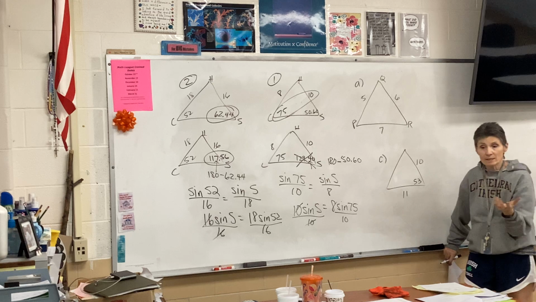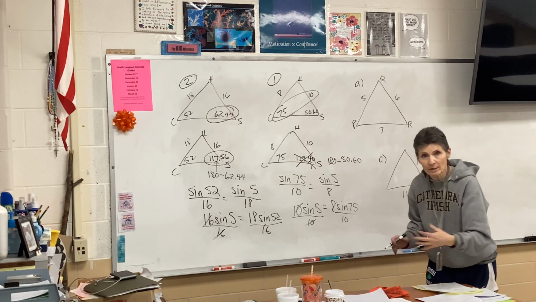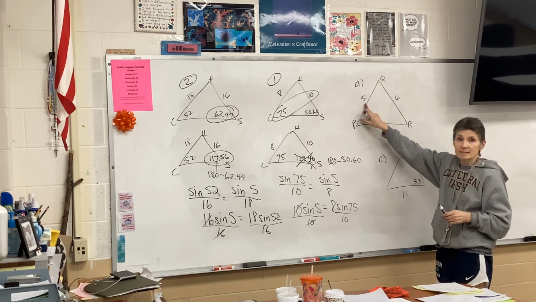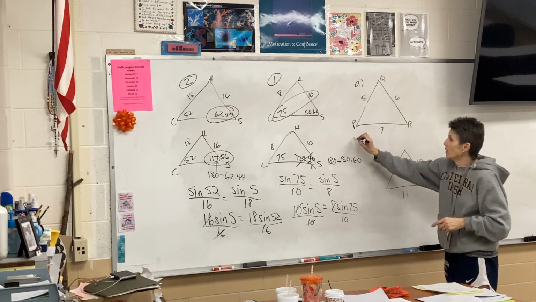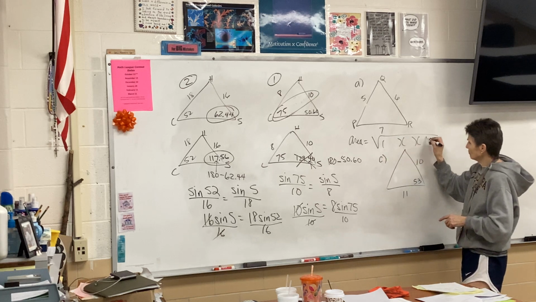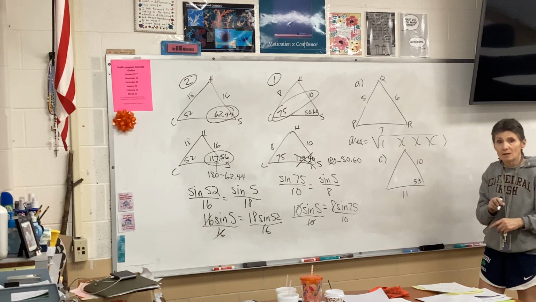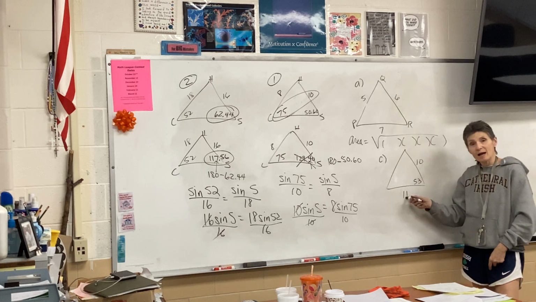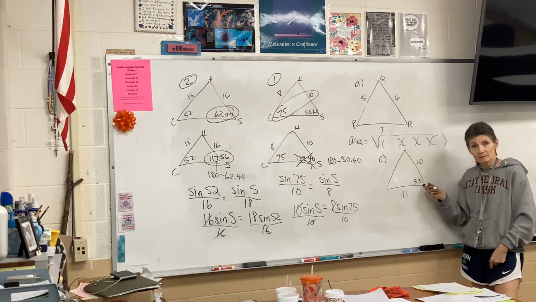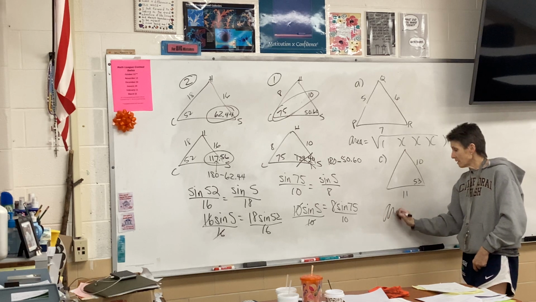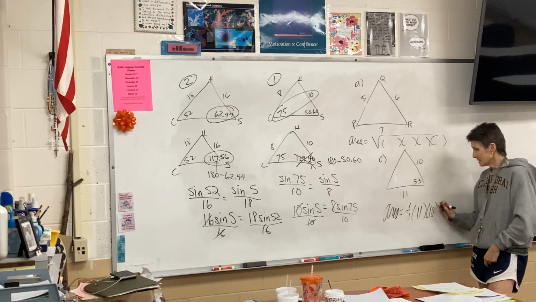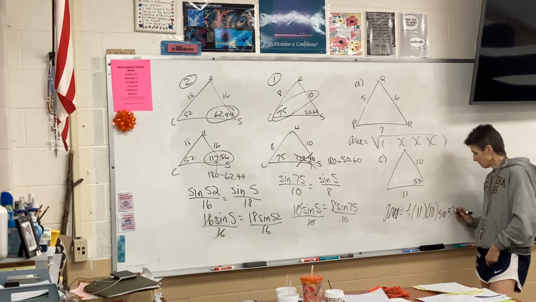Because when I find area, what are the perfect scenarios? What are the things that make me really happy? All 3 sides, so that I can do Hero's formula, which is the big radical with 4 things under it, or 2 sides and the angle in between, like I have in problem C, because then I know my area is just going to be 1/2 11 10 sine 53.